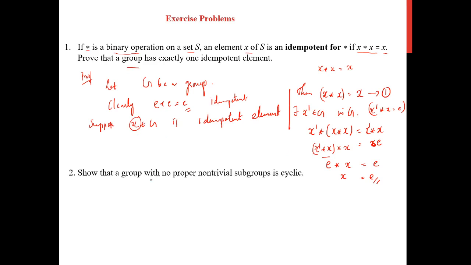The next question: show that a group with no proper non-trivial subgroups is cyclic. So first of all, what is a non-trivial proper subgroup?